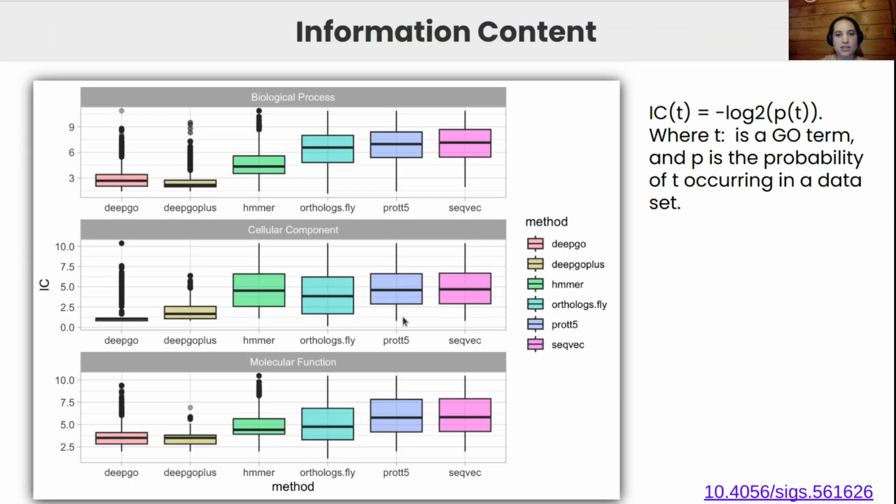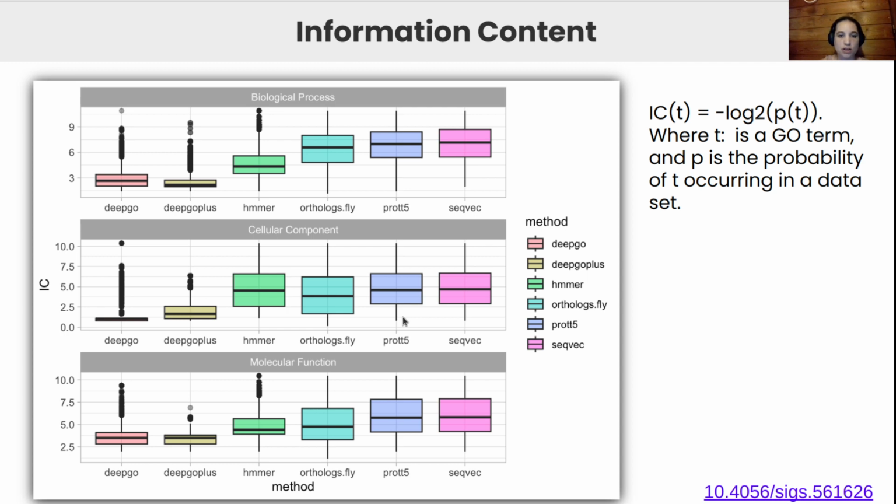But what is the specificity of these Go annotations that we obtain with every method? Although we obtain a number of annotations, maybe those annotations are not relevant because they don't give us much information. For that purpose, we made the information content algorithm that basically gives us the specificity of the methods, which is related to the probability of the occurrence of a particular Go term in a database of protein annotations.